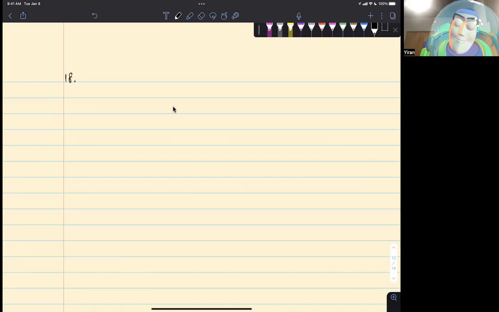Sorry, it should be the union over i equal to 1 to n. So it can be written as a countable union of elements of this form.